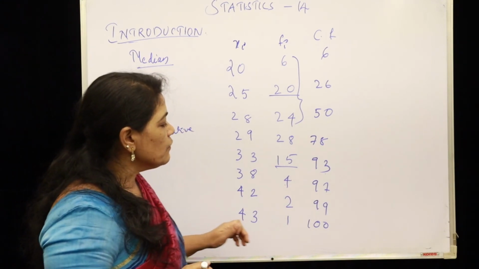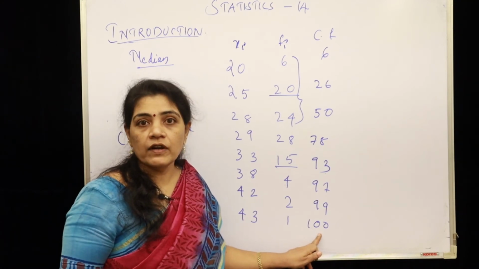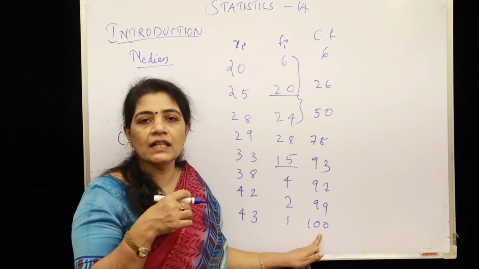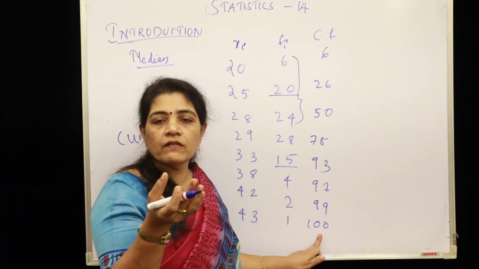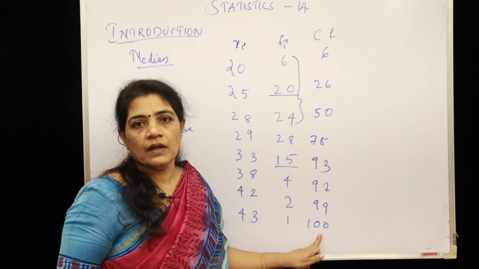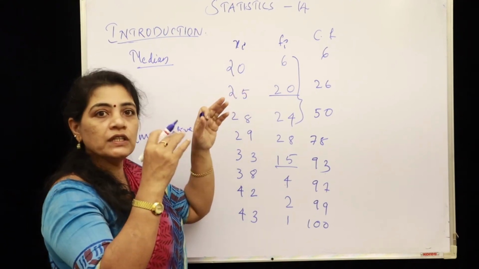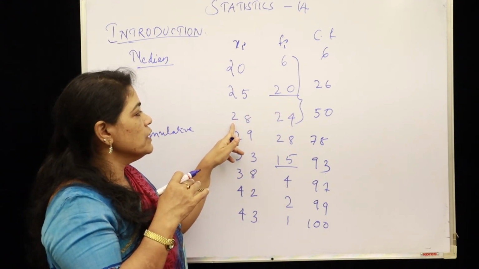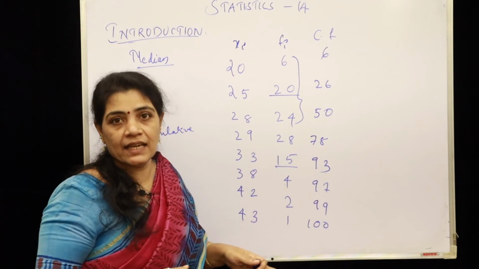Here we have seen that the sum of the frequencies is an even number. For an even number, the median is half of the n by 2th observation plus the n by 2 plus 1th observation. Understood? What is its meaning, children? Here you have to write 20, 6 times, 25, 26 times, 28, 24 times; that is what the frequency indicates.